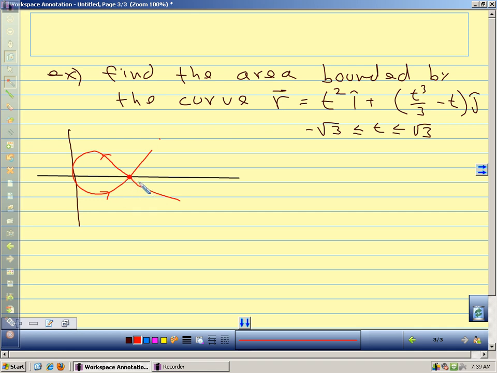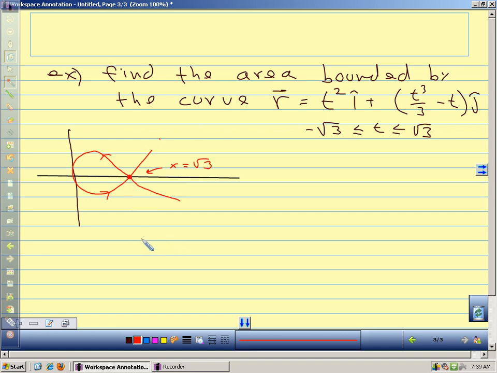From negative square root of 3 to square root of 3, it makes one loop. We're looking for where y is 0, and this component is 0 at negative square root of 3 and square root of 3. So it's kind of like a polar graph where it repeats on that interval.